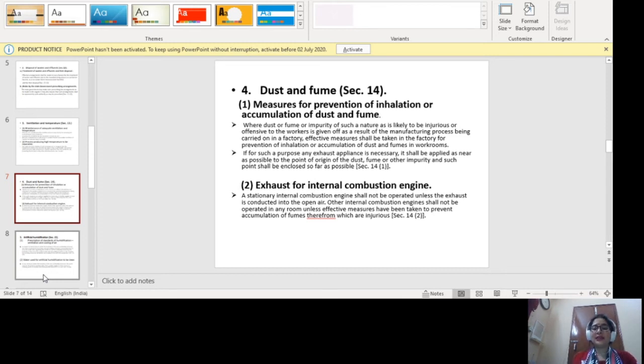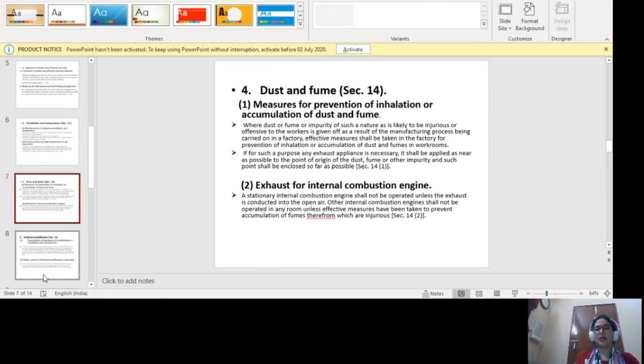If for such a purpose any exhaust appliance is necessary, it shall be applied as near as possible to the point of origin of the dust, fume, or other impurity, and such point shall be enclosed so far as possible.